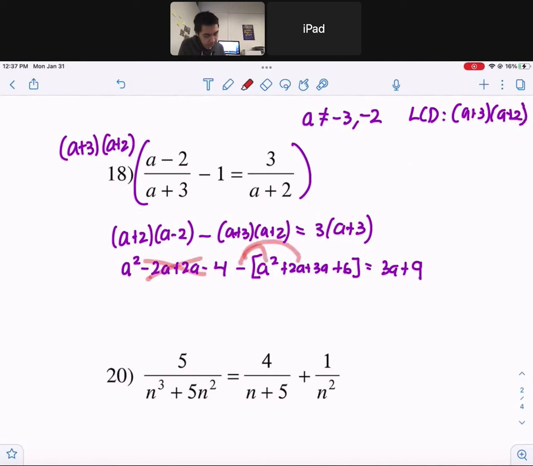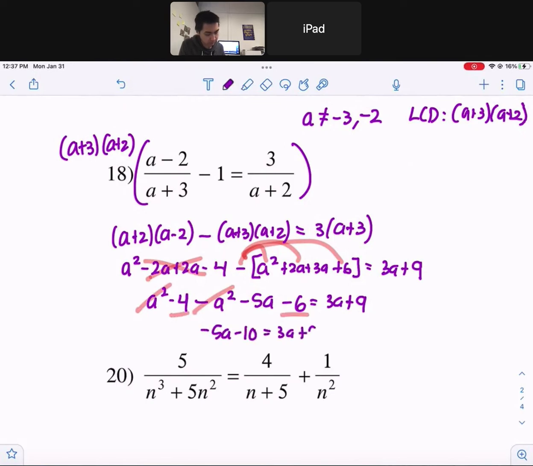This negative sign's gotta distribute to all that stuff. So we're gonna get a squared minus 4 minus a squared. Okay, you guys, 2a plus 3a is 5a. So put a negative sign on that. Negative 5a minus 6 equals 3a plus 9. So a squares cancel now. This negative 4 combines with negative 6 for negative 5a minus 10 equals 3a plus 9.